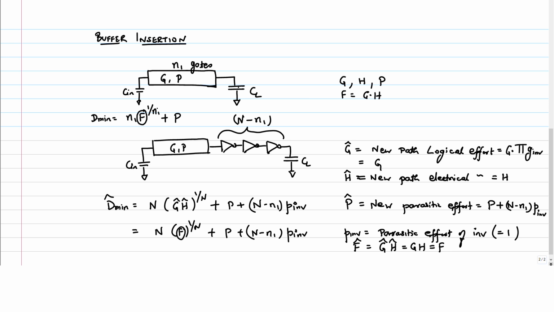I have only increased this n1 to capital N, a larger number, and of course thereby I have incurred a linear increase in delay of the parasitic term, correct?